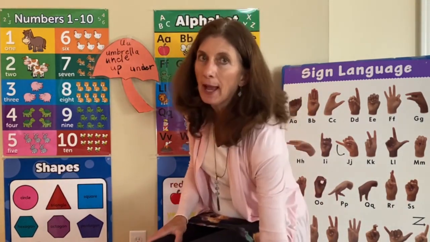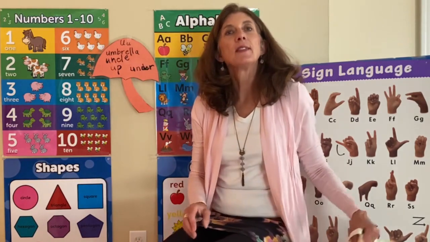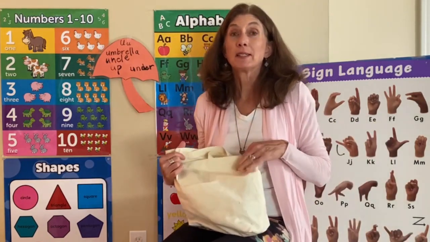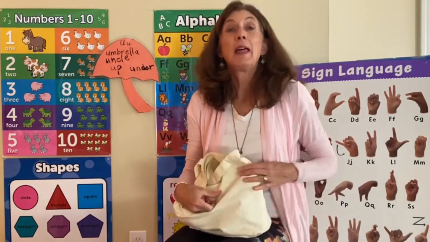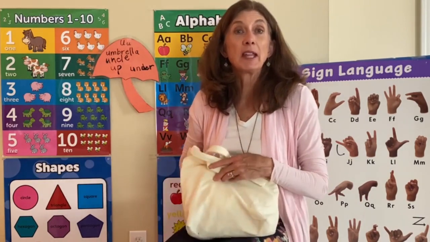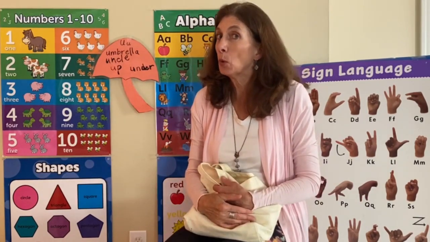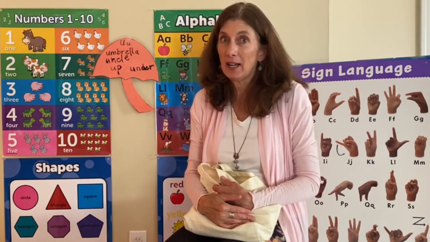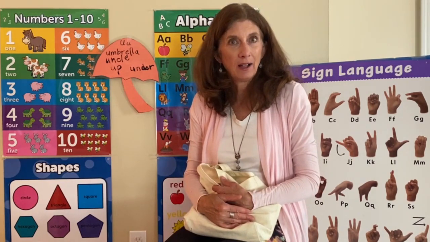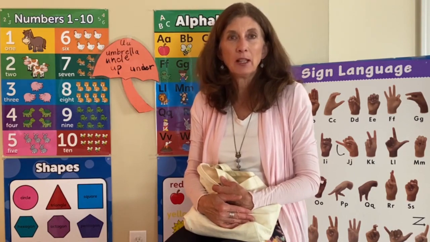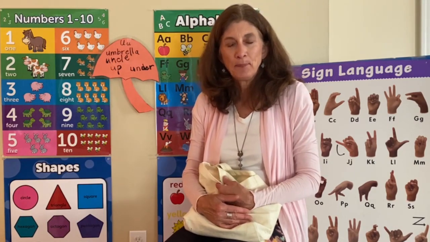Now I went around the house and I found things that had the sound of U. Remember how it makes two sounds? One is the U sound like unicorn, and one is the U sound like we're learning, like umbrella bird and umbrella. Let's see some things.